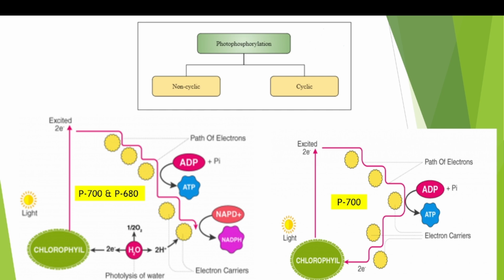Both processes finally produce ATP. This takes place in the chloroplast, in the membrane of the thylakoid or grana. So this is another way of ATP production, particularly occurring in photosynthetic plants.